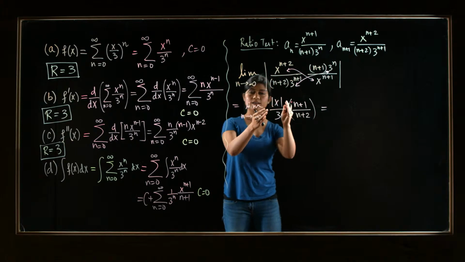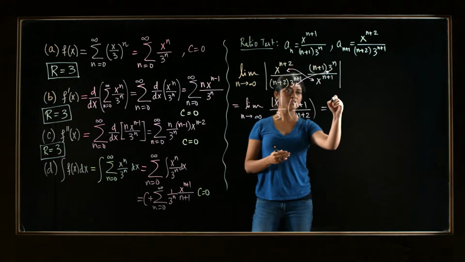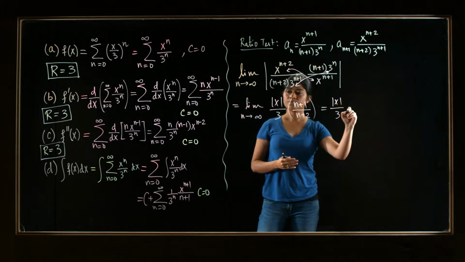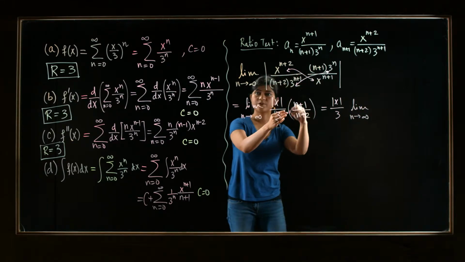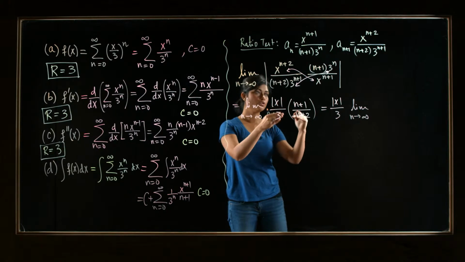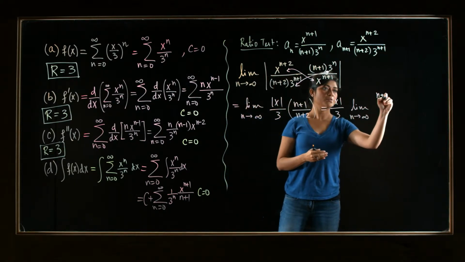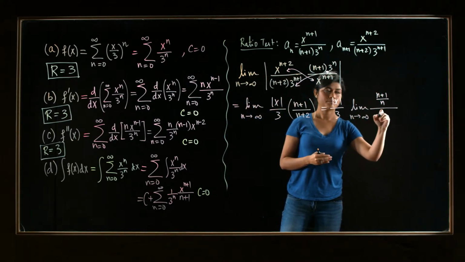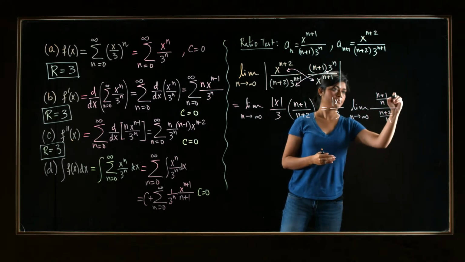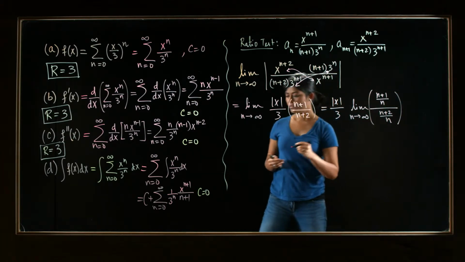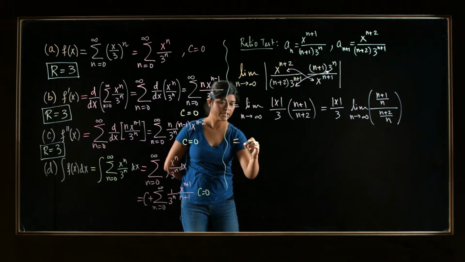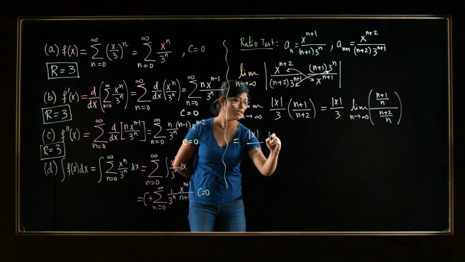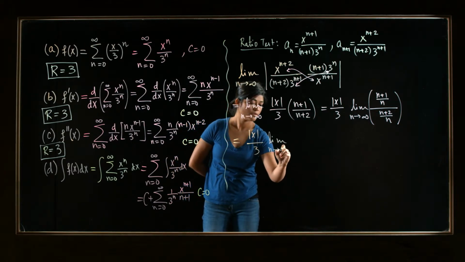We do the same thing again. Pull out the constant, which is absolute x over 3. And inside the limit, in this expression with n, you just divide both numerator and denominator by n. So you will have absolute x over 3 times the limit.